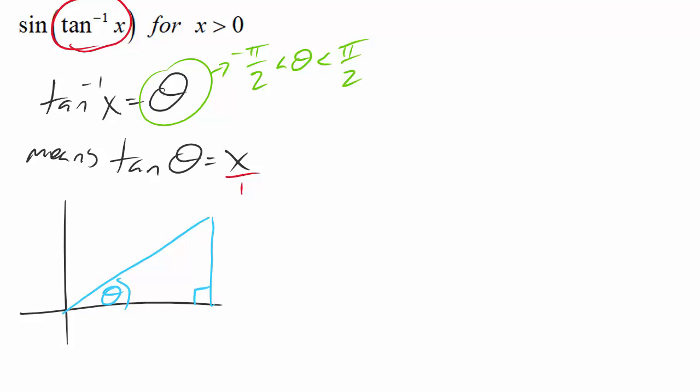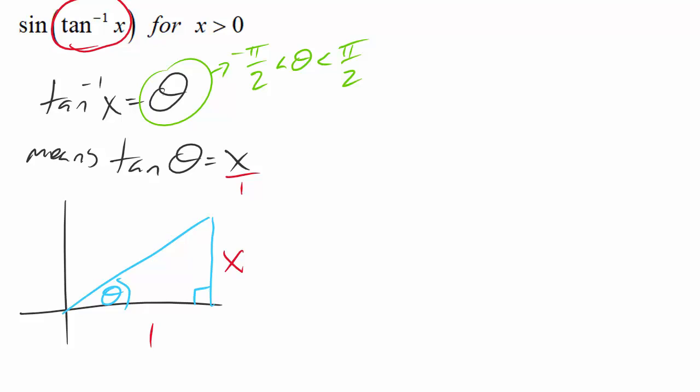X over 1, tangent is the opposite over the adjacent, so the opposite side is x, the adjacent side is 1. We still need to figure out what our hypotenuse is going to be if we're going to be dealing with the sine of that angle theta.